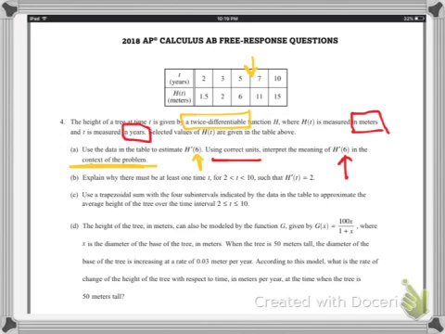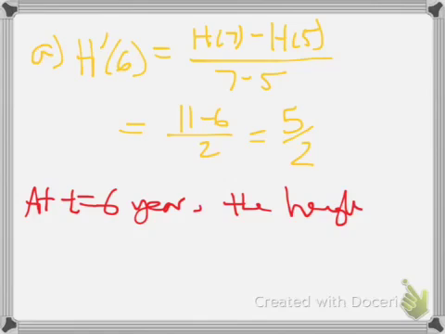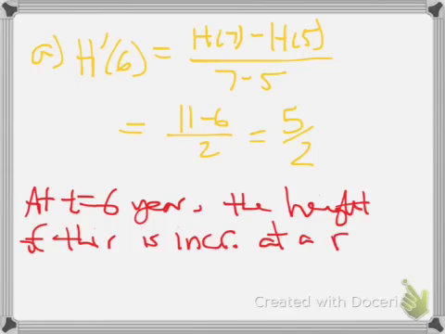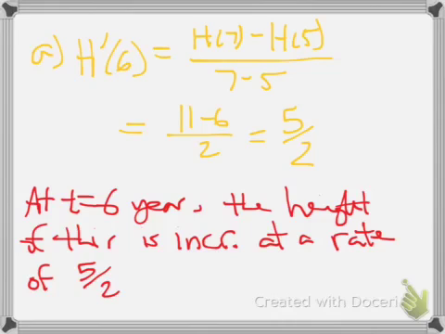And so h prime, we can interpret this to see, at t equals 6 years, the height of the tree is increasing at a rate, they want to see the word rate here, of 5 over 2 meters per year.